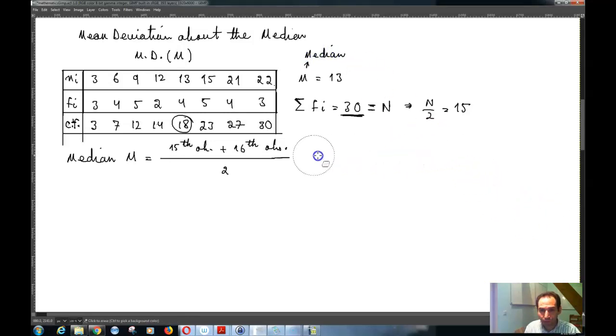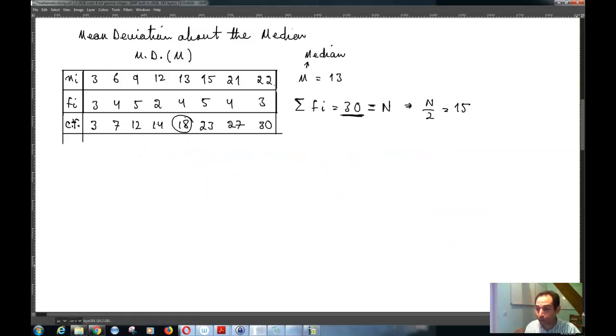So now we wanted to calculate the mean deviation about the median, which is going to be 1 over n sigma f of i times the absolute value of x of i minus m, as i goes from 1 to n.